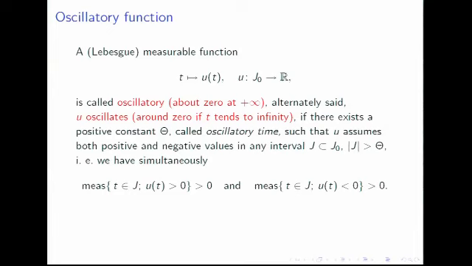We say that the measurable function u(t) is oscillatory about 0 for t tending to infinity if there exists the so-called oscillatory time, a positive constant, capital Theta, such that for any interval J, the length of which is greater than Theta, the function assumes both positive and negative values.